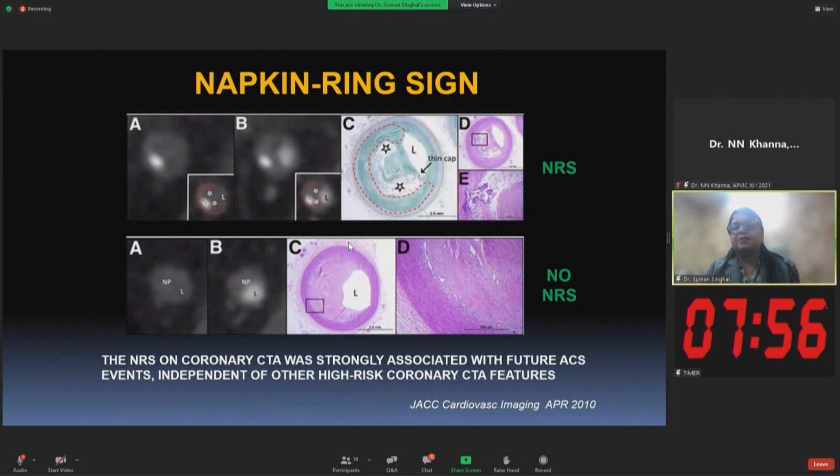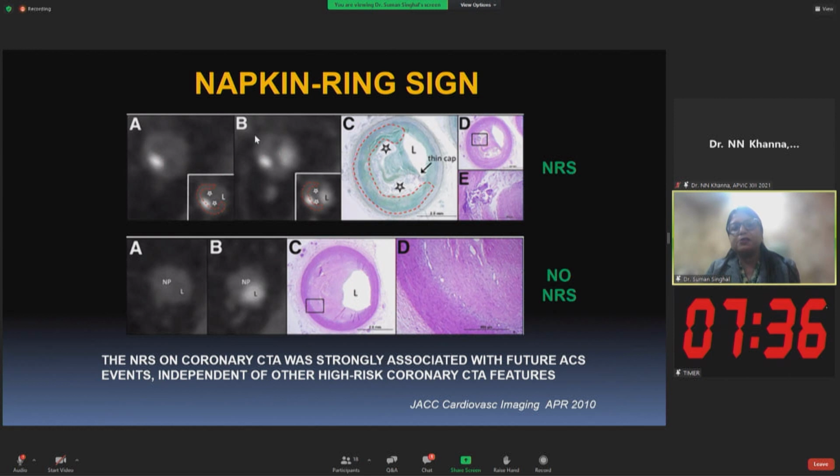Napkin ring sign. This is a very, very important sign. If you see this in a plaque in a coronary CT, it tells us that this plaque is vulnerable, unstable, and can rupture.